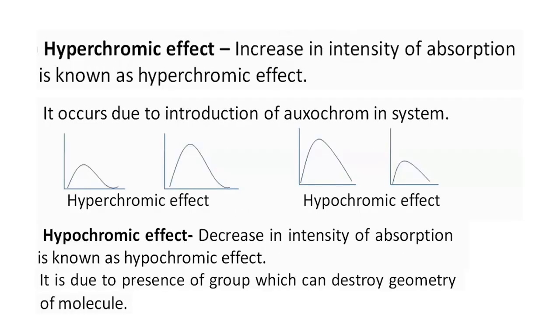Now, the hyperchromic effect means the increase in the intensity of the absorption is known as the hyperchromic effect. Here we can see the intensity of the absorption, and in the presence of an auxochrome or any other solvent effect, the absorption maxima increases, and this is called the hyperchromic effect.